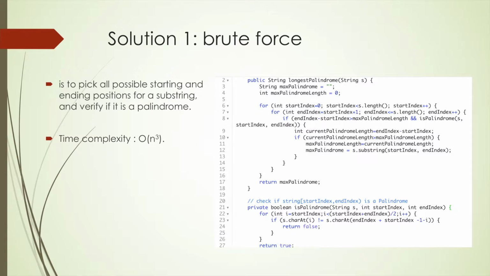And when we check if it's a palindrome, we also need to check all the characters in that substring. So the time complexity for this problem would be O(n cubed). We can see a program implementing this solution at the right side.